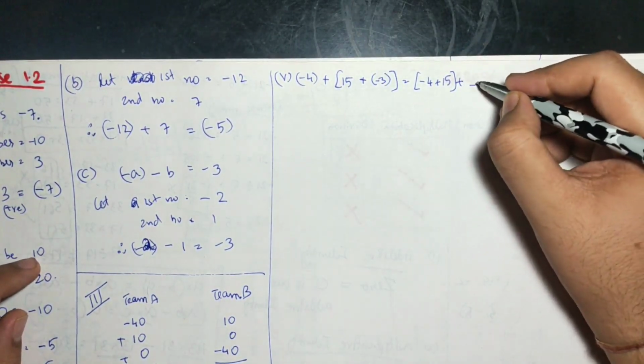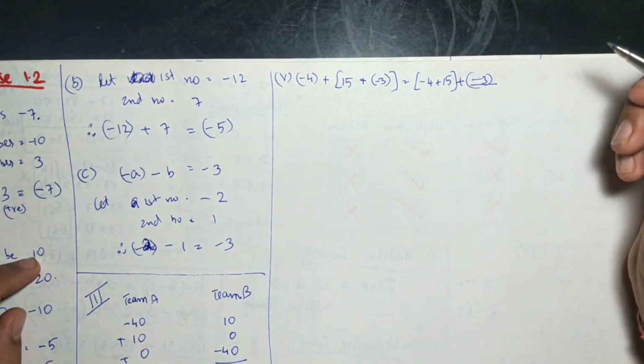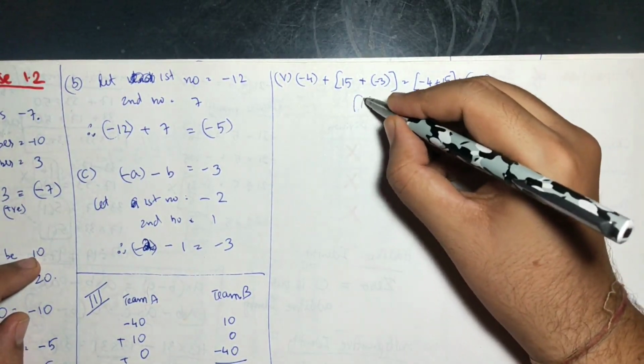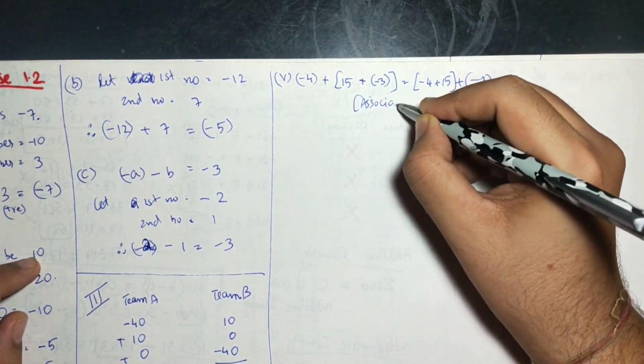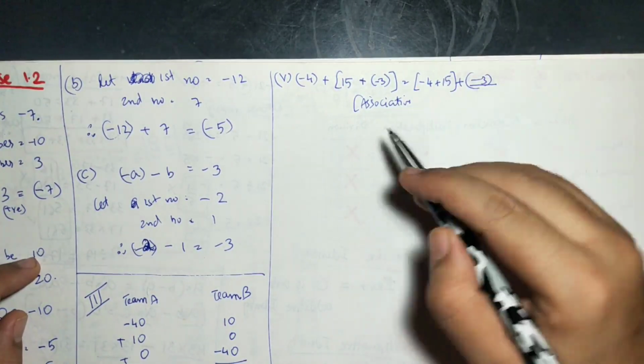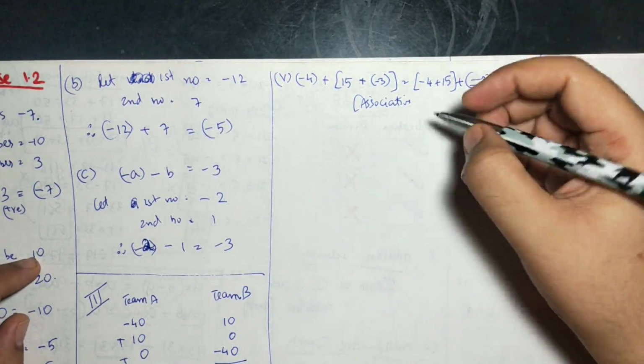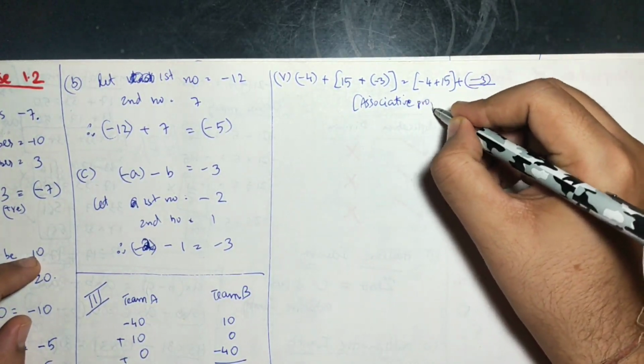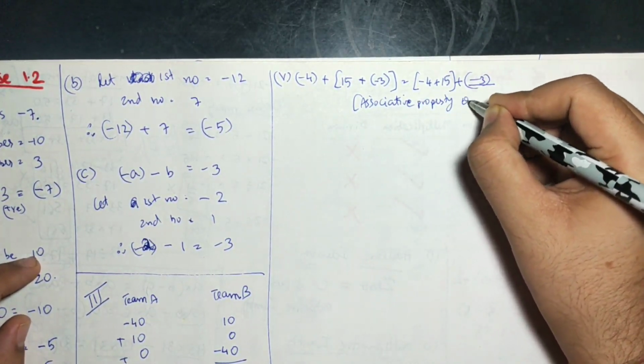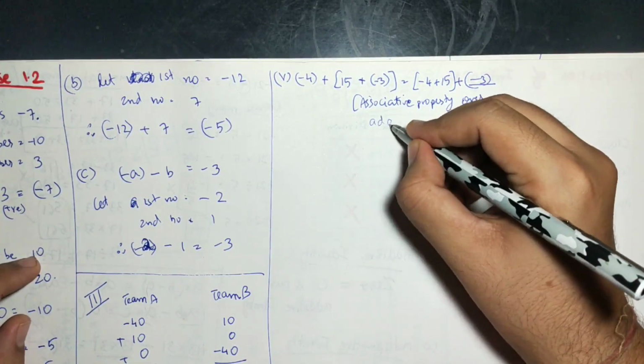As you can see, minus 3, so the answer will be minus 3. Again, which property? Associative property. Out of 3 you can add any two first, and then the third one can be added. Associative property over addition.